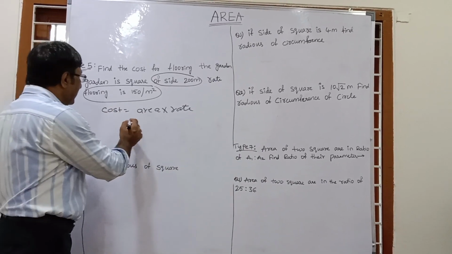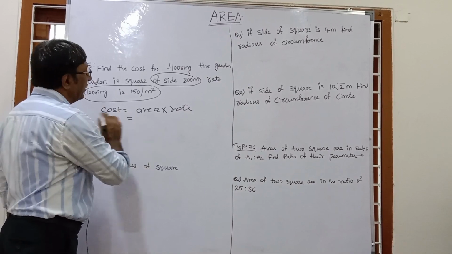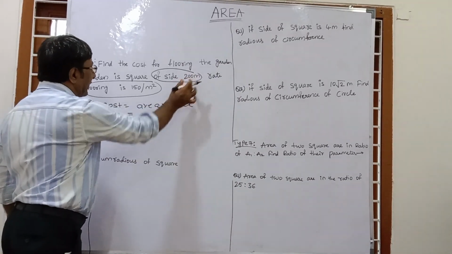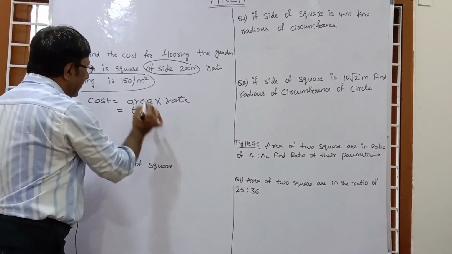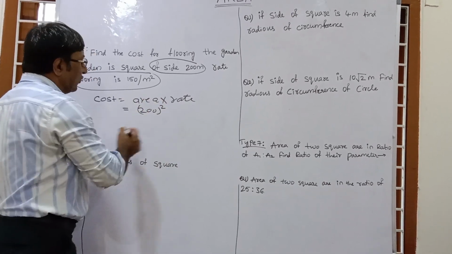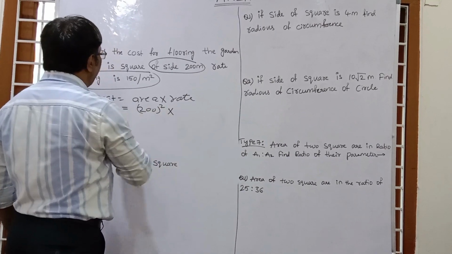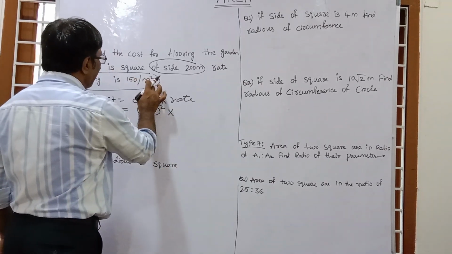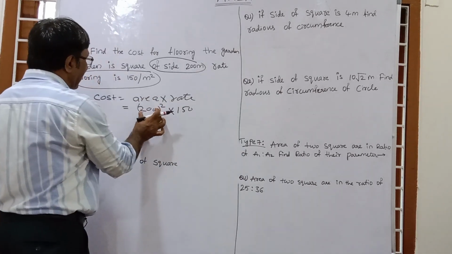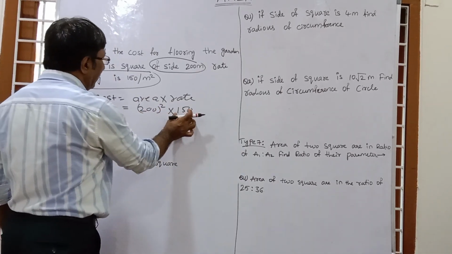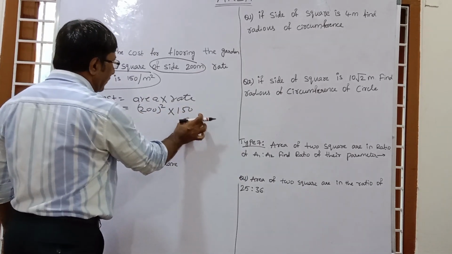Now the area of a square is what? Side square. The side is given as 200 meters, so the area is 200 square. The rate is given as 150 per meter square, so just multiply by 150, because the area is in meter square and the rate is per meter square, so the units cancel out.